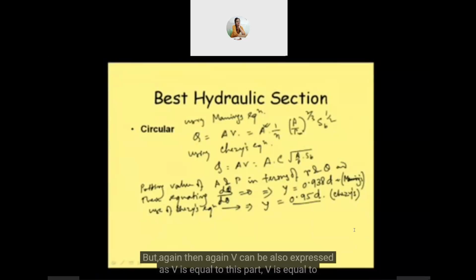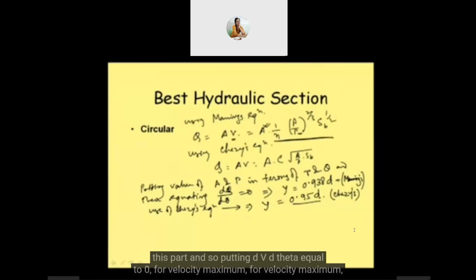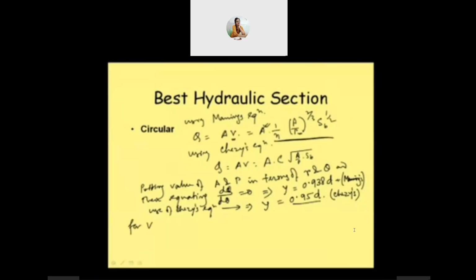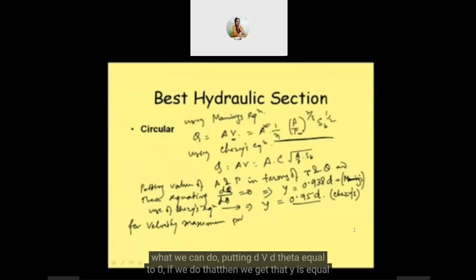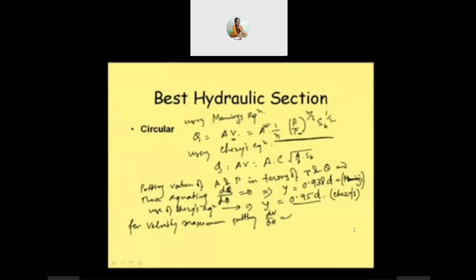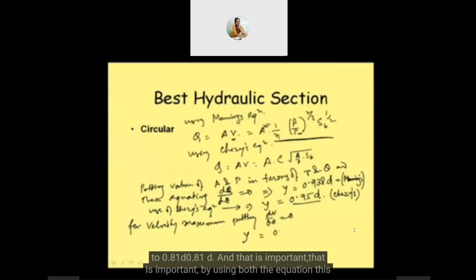But then again, V can also be expressed as V is equal to this part. Putting dV d theta equal to 0 for maximum velocity, if we do that, then we get that y is equal to 0.81 d.